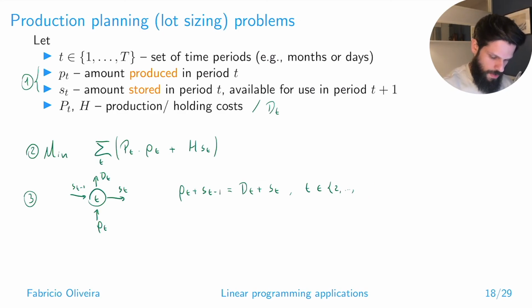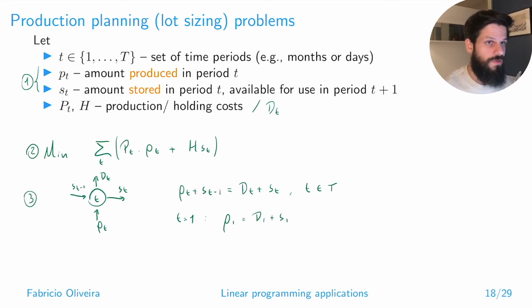Well, we can actually do a better job. We can just say that it holds for every T, but what happens is for T equals 1, this constraint becomes P1 equals D1 plus S1, because you don't have S0 defined.